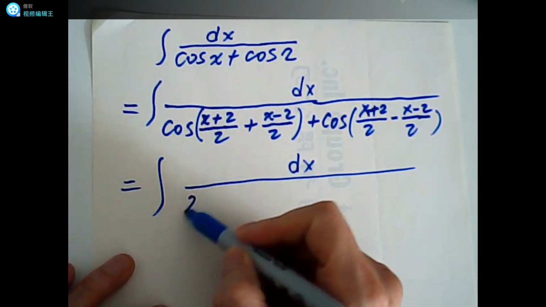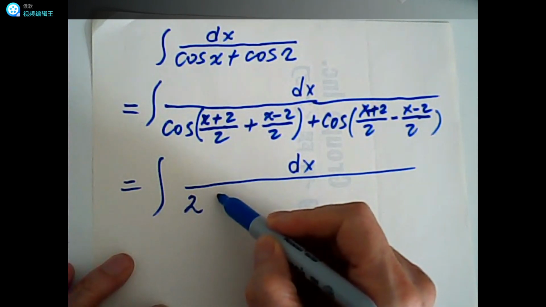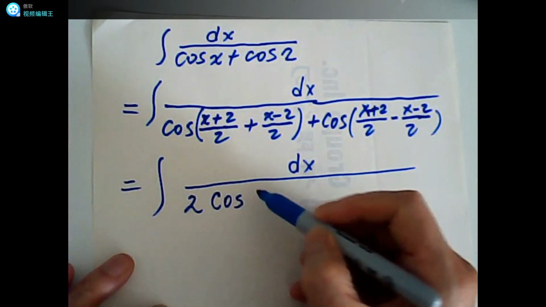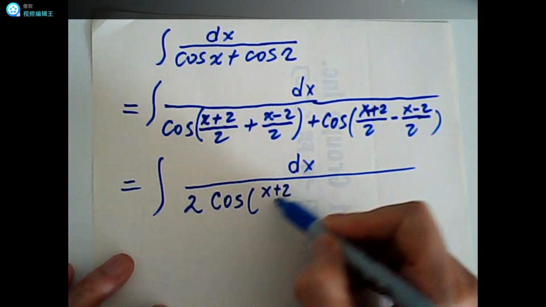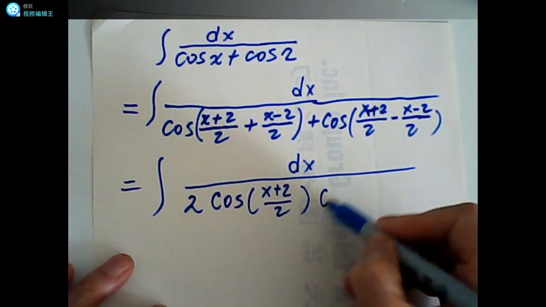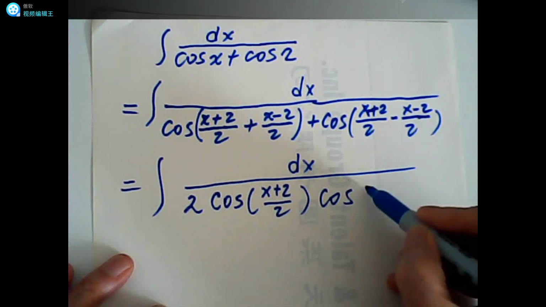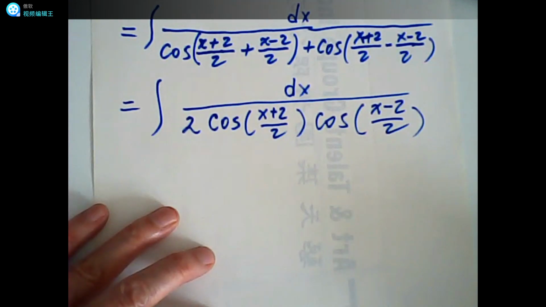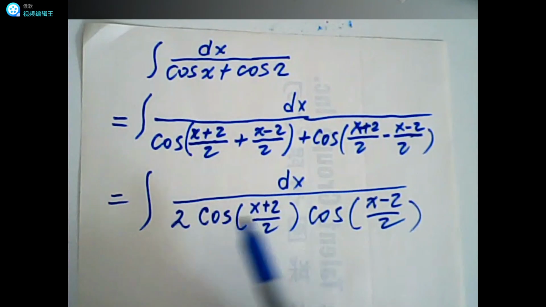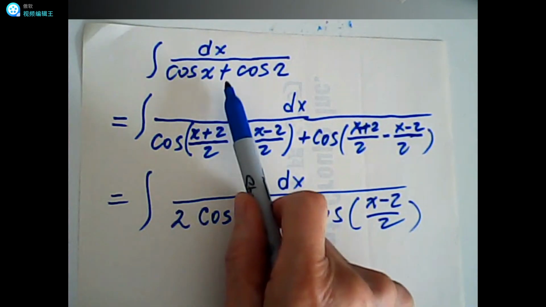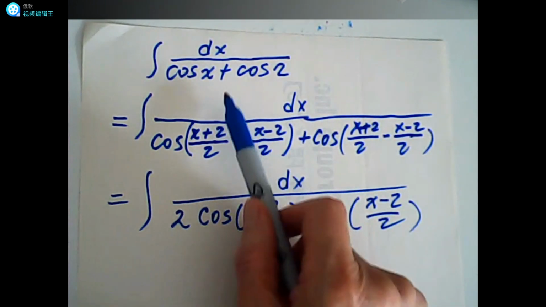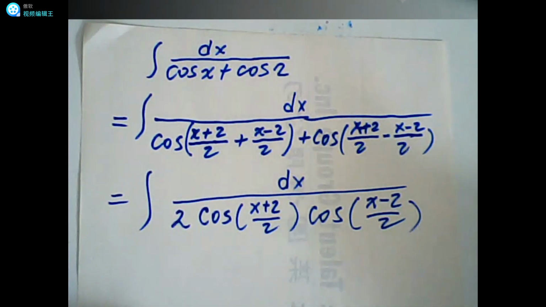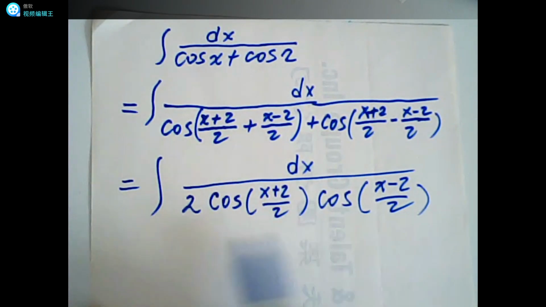So this one is 2 cosine a, which is this one, times cosine b, that is this. The idea is that I change the denominator from a summation into a product. It's like one term in the denominator.